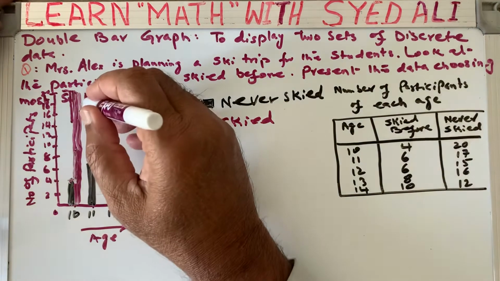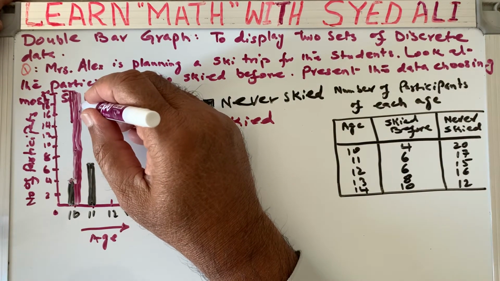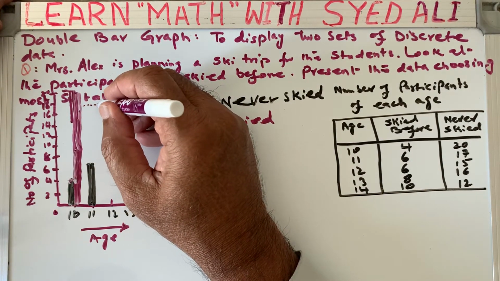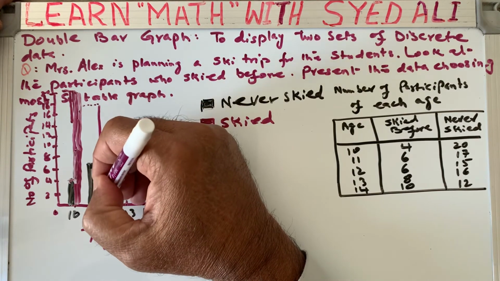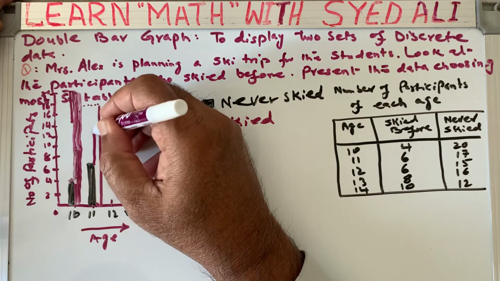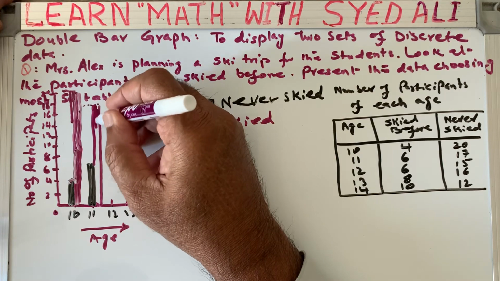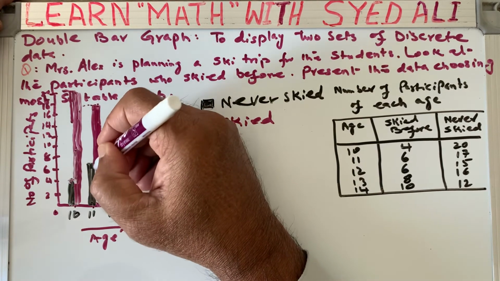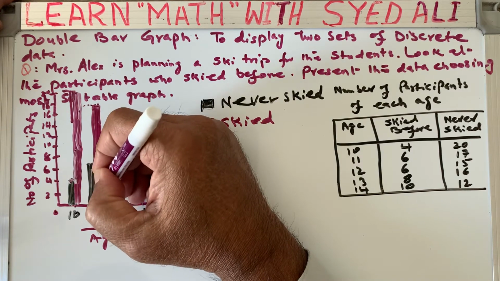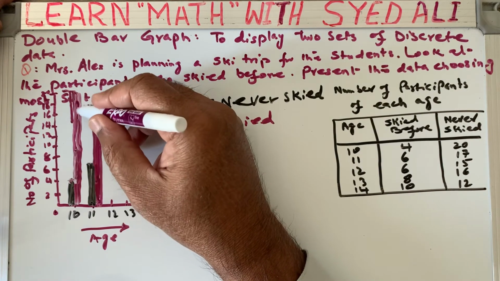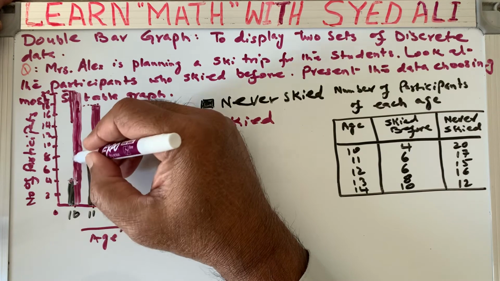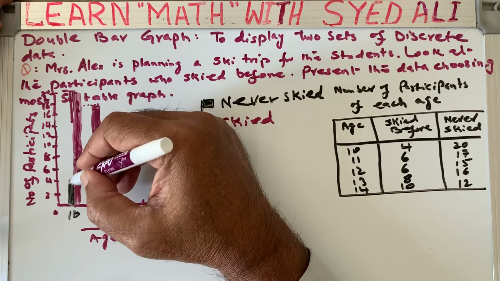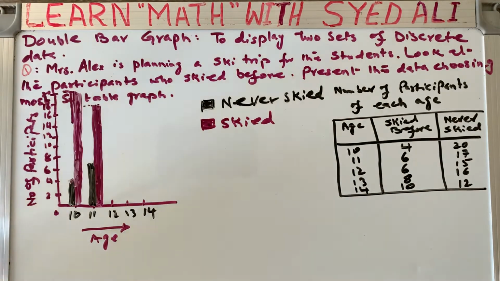So I have to go to 17. Here is 17. I show another bar to show 17 students, right? This is better than the previous one. The previous one, I don't know why it was coming out white. Okay, so this is how we show 11.